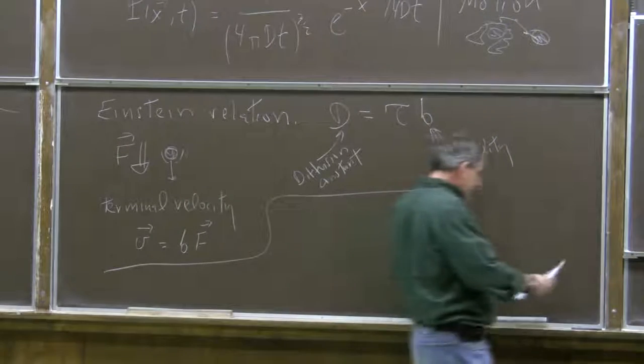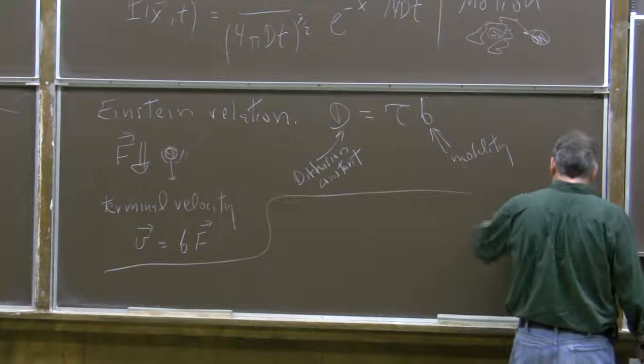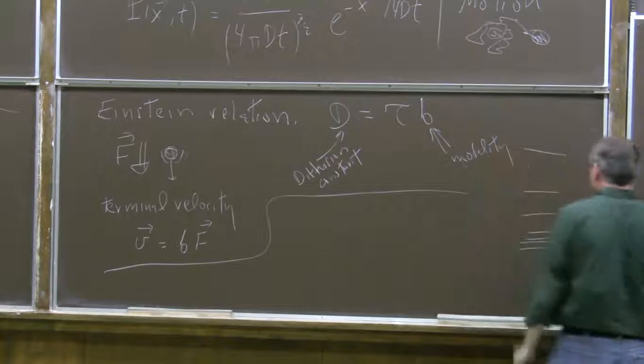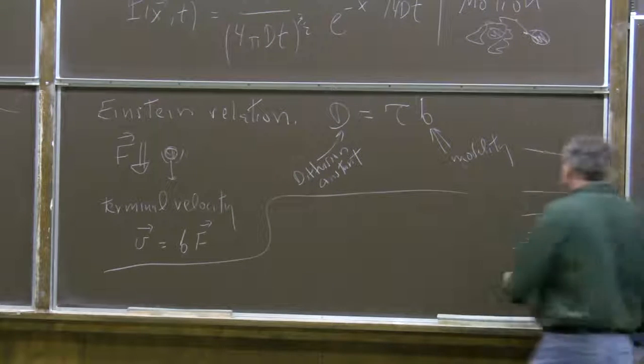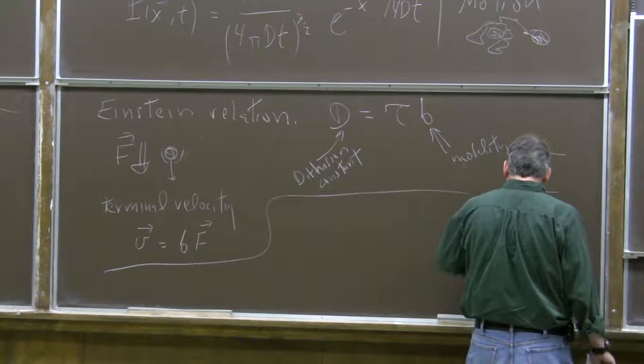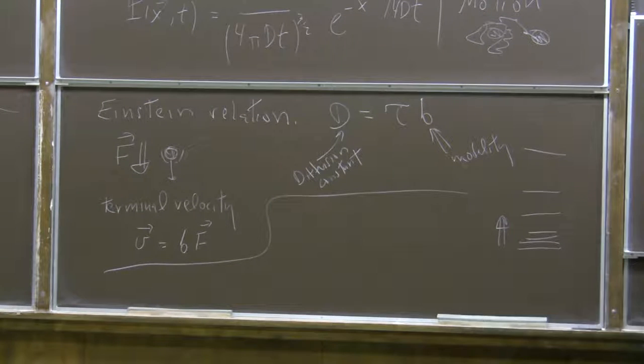So in other words, if we have a gradient, it's more dense here and less dense as you go up. Then because of the high density, diffusion will make the density want to spread upward.